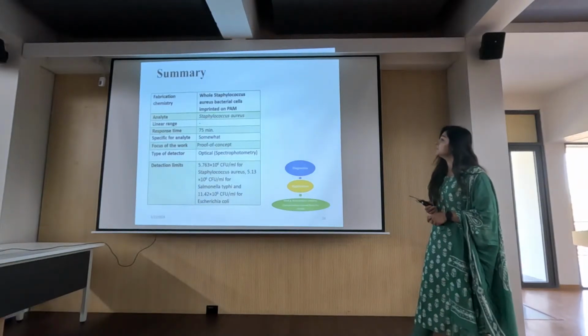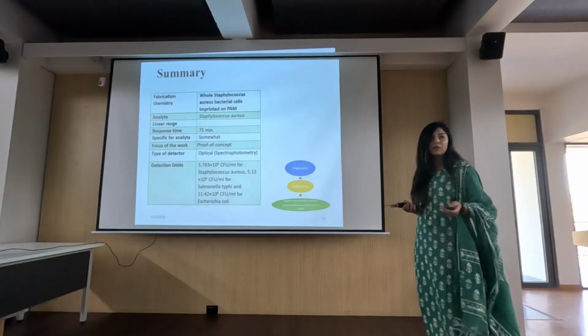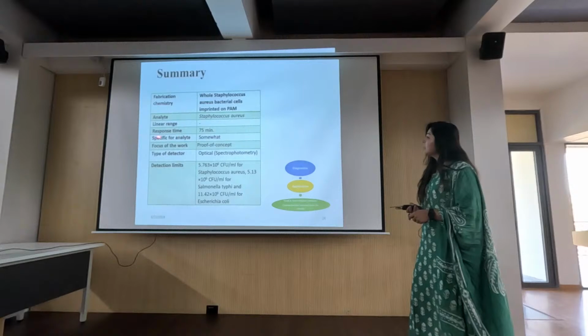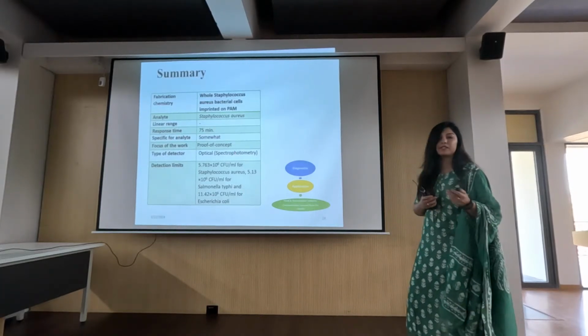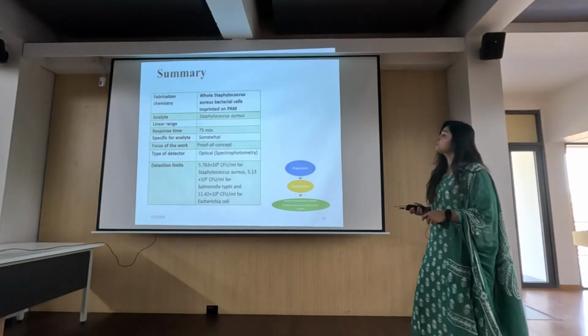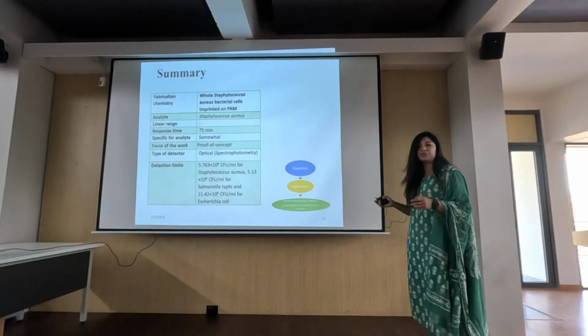Now coming to the summary. Fabrication chemistry, as we know, was PAM, polyacrylamide gel only, right? Analyte was S. aureus. Response time was 75 minutes. Specificity somewhat specific, somewhat not. We are still supposed to figure that out. Focus of the work was proof of concept only. We are not at the stage of R&D or miniaturization.